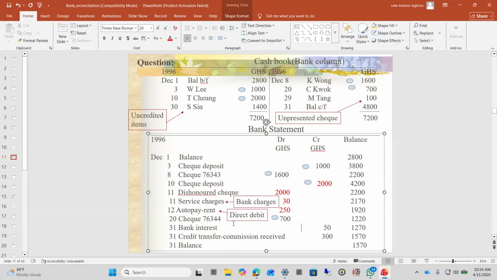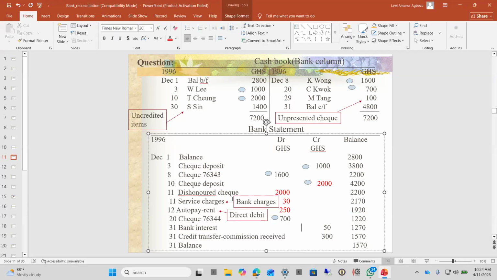Again, on the 20th, we saw that we paid C. Cock 700. We gave him a check of 700. And then when we came to the bank statement, he went to withdraw it. So our balance is 1,220. Is that okay?